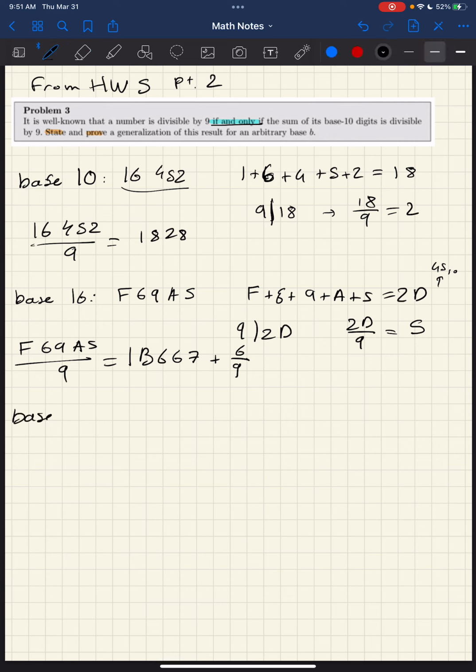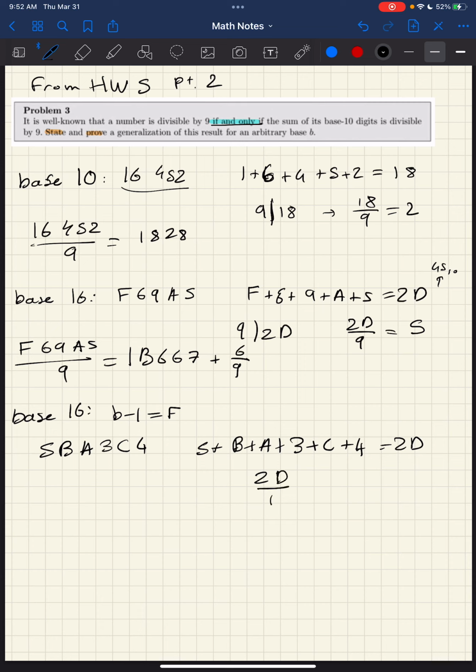So if we do base 16 again, and we do another example, but now we'll check if it's divisible by b minus 1 instead. In this case, b minus 1 equals f. So if we have this number, 5ba3c4, the sum of its digits, 5 plus b plus a plus 3 plus c plus 4, is equal to 2d, which is also 45, right, from before.